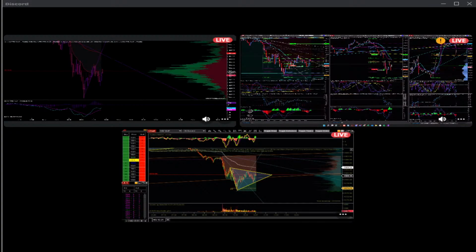Could be a symmetrical triangle or a D-lag being built, this being the second wave. Looking at that triangle.